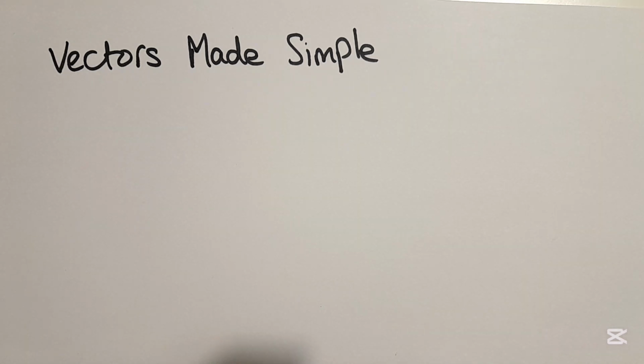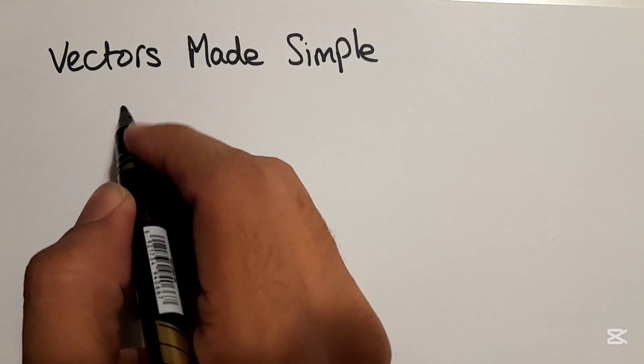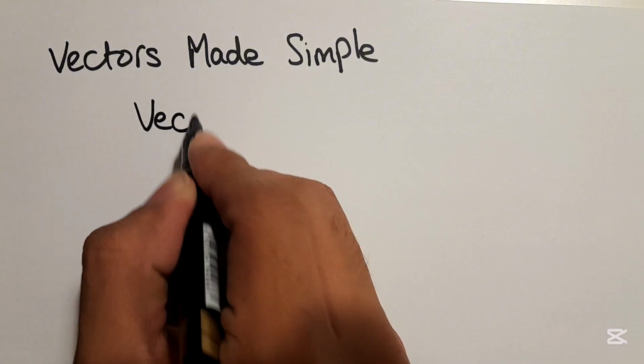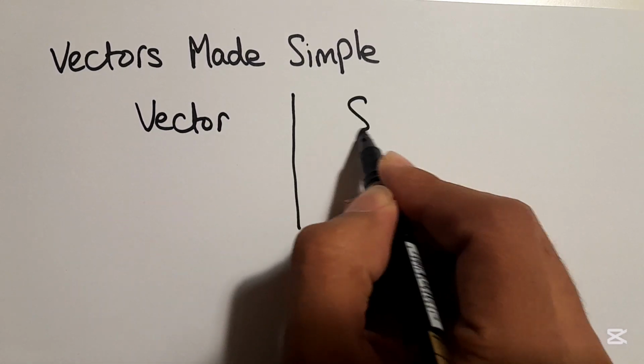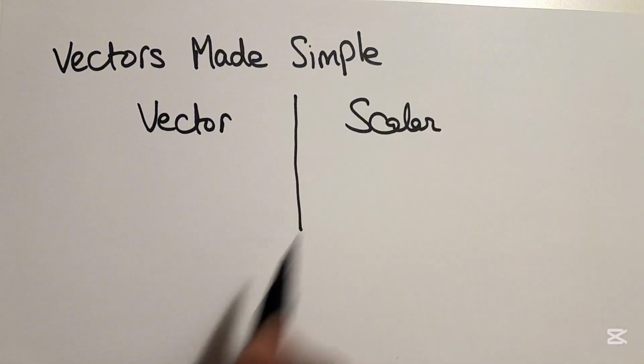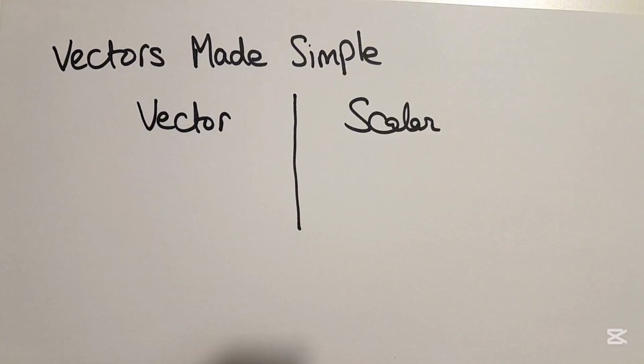First thing first, what exactly is a vector? So here we have two topics, the first is vector and the second is scalar. So what's the difference between vector and scalar?